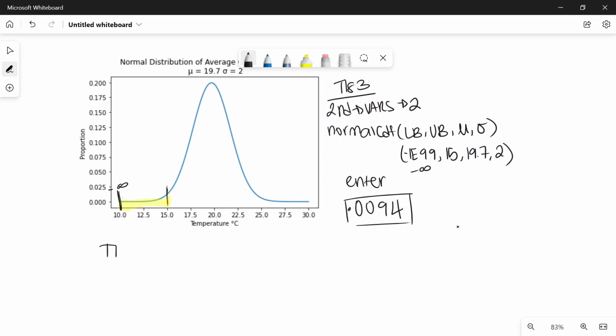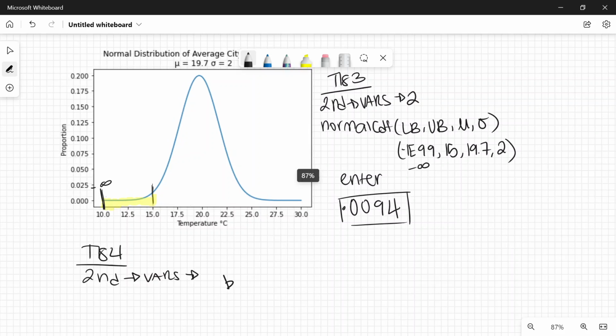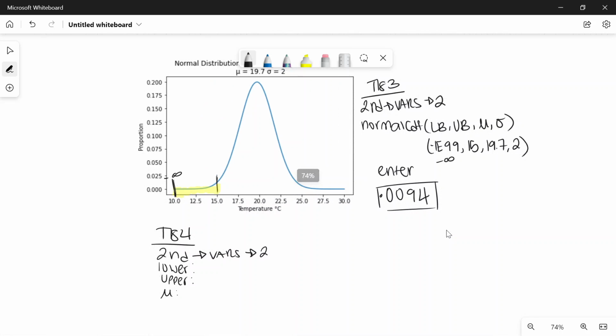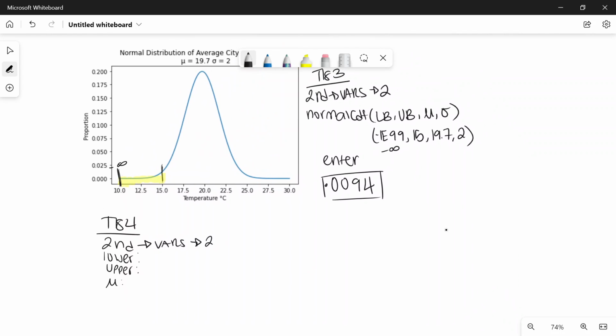And then for the TI-84, it's the same thing. Second, vars 2. The only difference is the format, and it's kind of easier. When you press that, they give you lower, upper, mu, and sigma, which is easier to understand, right? And you just plug in those values.